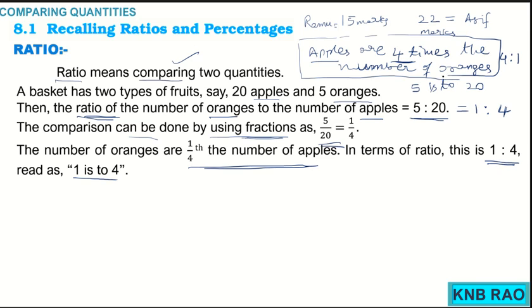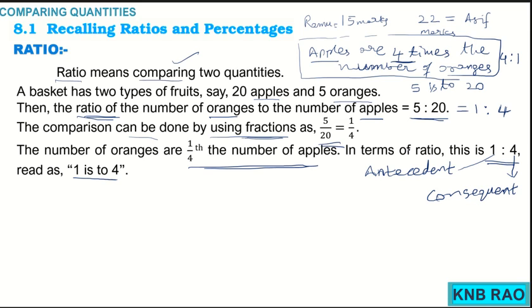With that I started. Children, there is a special name for this first number, it is called antecedent. And this 4 is called, in the ratio, consequent.